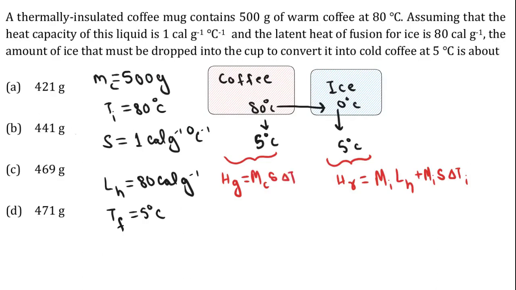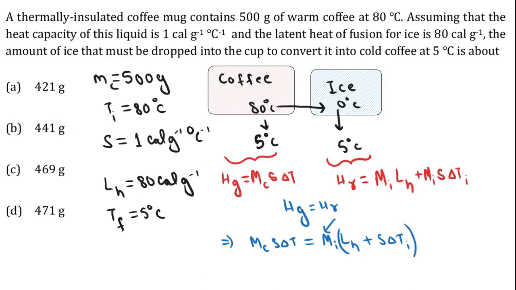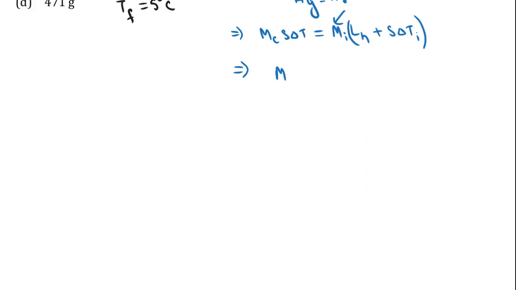And since this is a closed system, Hg must equal Hr, which implies mc S del T must be equal to mi Lh plus S del Ti. What we need to find is mi. So this implies mi equals mc S del T divided by Lh plus S del T of ice.